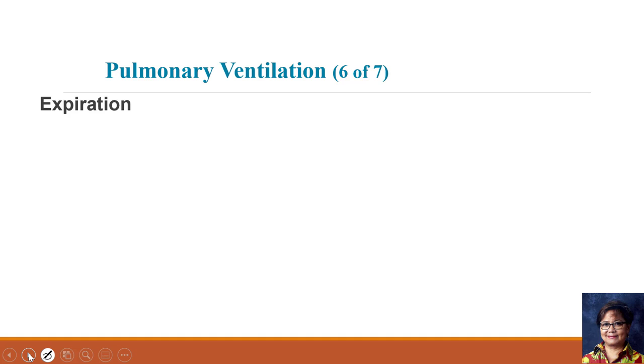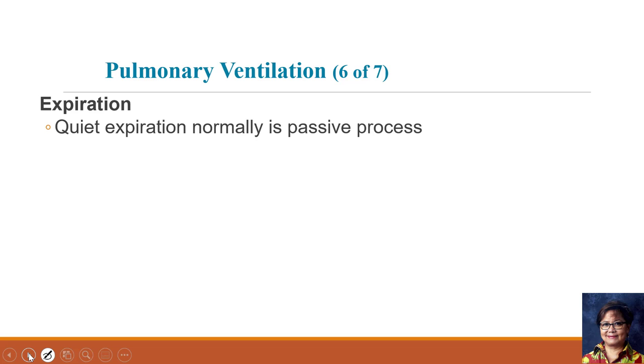So expiration, which is really like breathing out air, is a passive process usually. The muscles don't need to contract. The muscles just go back to the relaxed stage, and when they are relaxed, the diaphragm rises again.